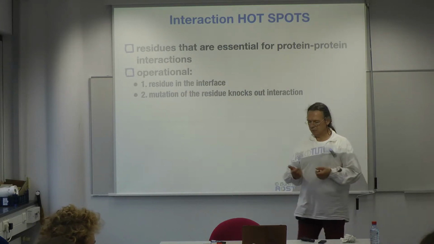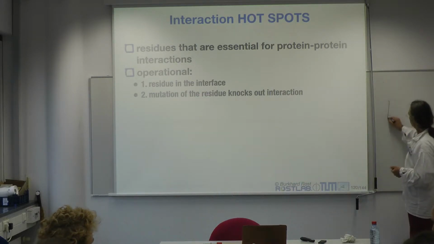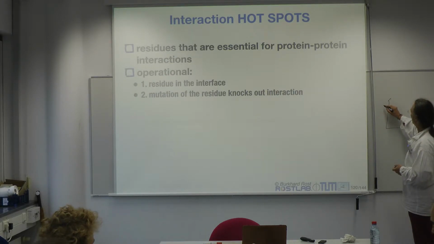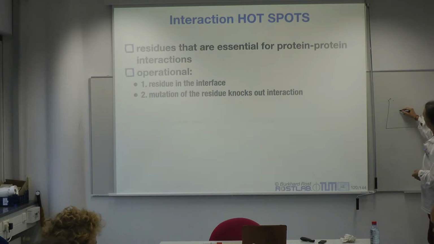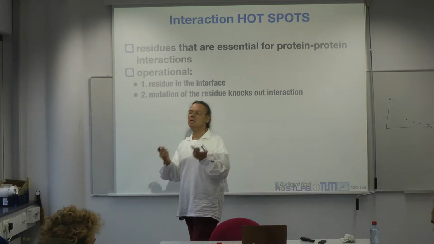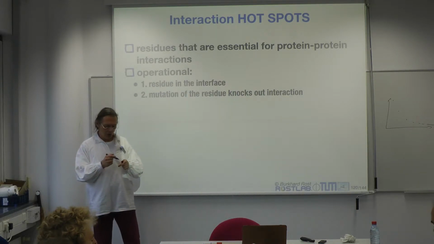How would you measure that? Well, one way is to ask what the contribution of a particular residue is to the free energy of binding. It could be that one residue contributes that much, the second one contributes that much, and you have some curve like that, right? So you have some residues that contribute much, much more than others. And these you could call hotspots.